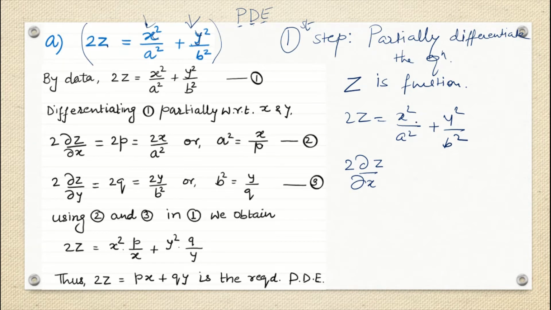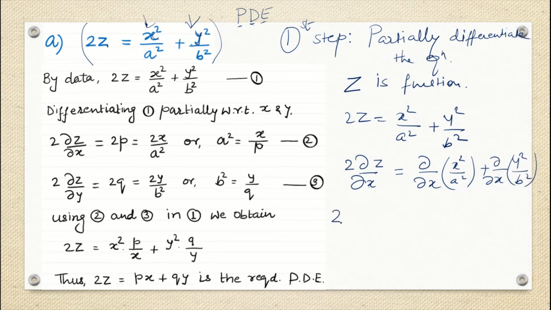On both sides, left hand side and right hand side, I differentiate partially with respect to x. So 2 del by del x of z equals del by del x of x square by a square plus del by del x of y square by b square.